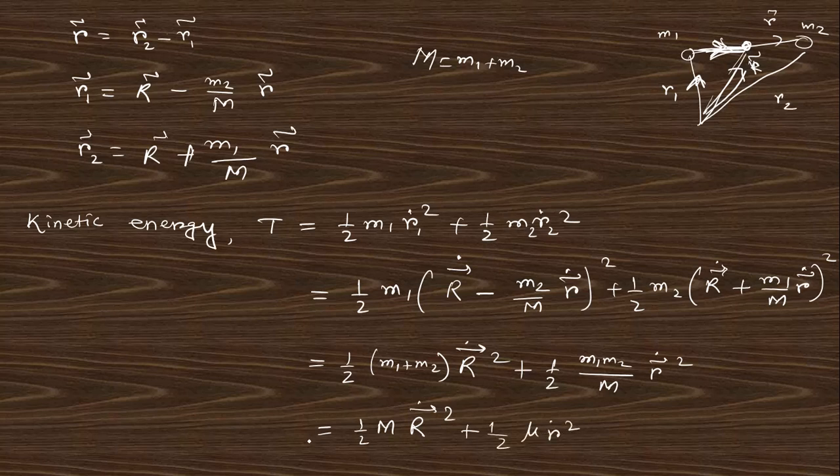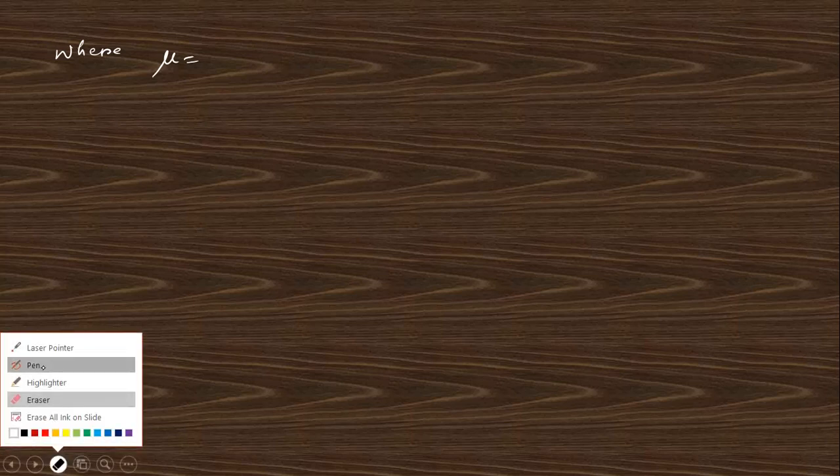Here mu is called the reduced mass. So mu is nothing but m1 m2 by m1 plus m2, and this is called the reduced mass.